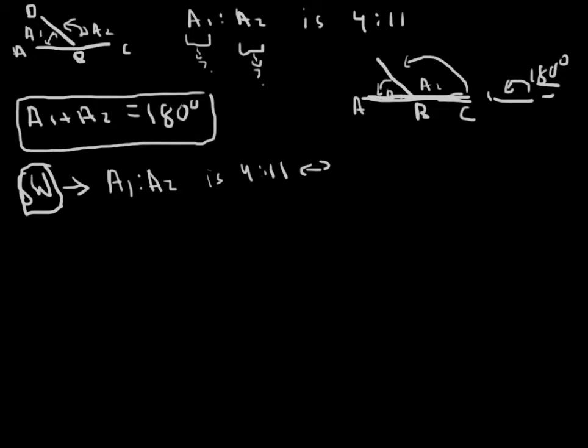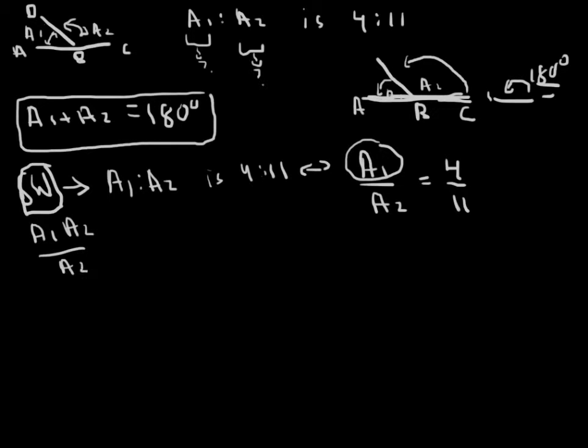So ratio wise or fraction wise, A1 over A2 is equal to 4 over 11. Now let's say we want to solve for A1 first. Well, let's multiply both sides by A2. We get A1 times A2 over A2 equals 4 over 11 times A2. A2 over A2 is just 1, so we're left with A1 is equal to 4 over 11 A2.